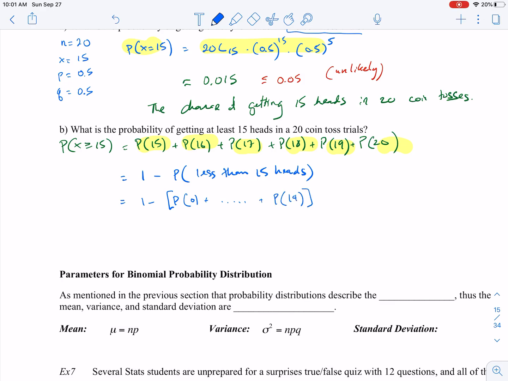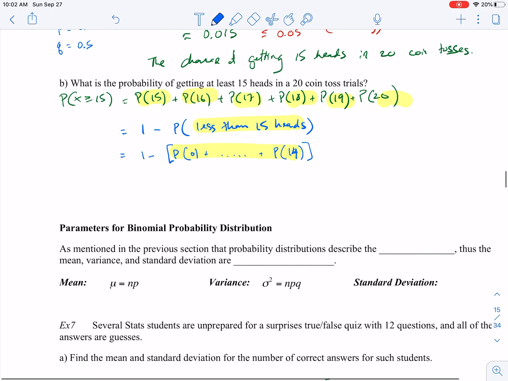So that's what this event is simplifying to. Less than 15 means 0 up to 14, but you have to add them up because it's less than 15. It's not just 14, that's it, because less than 15 means you can have 0 or 1 or 2 or 3 all the way up to 14.